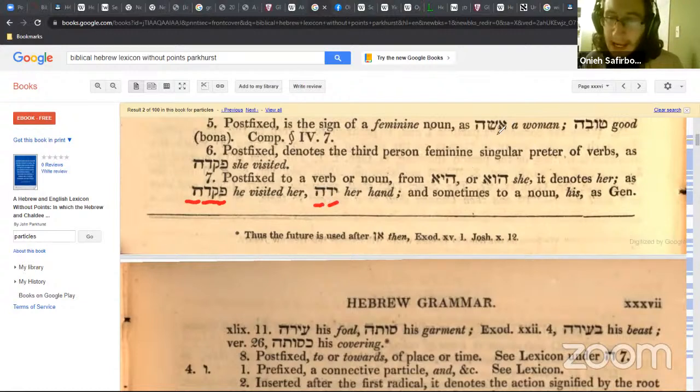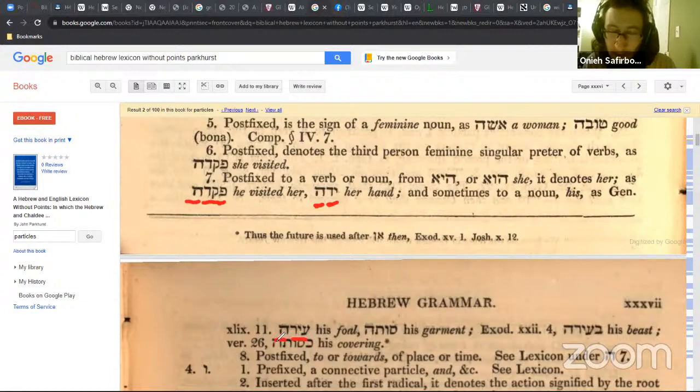So when you add hey to a noun, it can make it a feminine noun, but it can also make it a masculine or feminine noun possessed by a feminine individual. So, hand of her. And it sometimes is attached to mean "his" rather than "her."